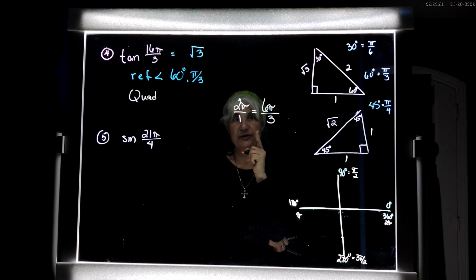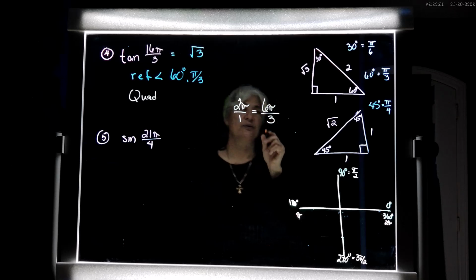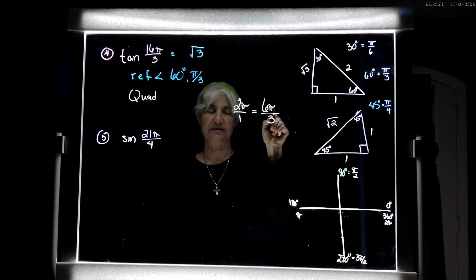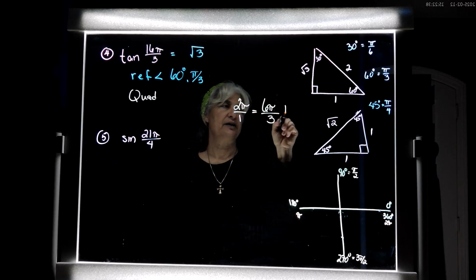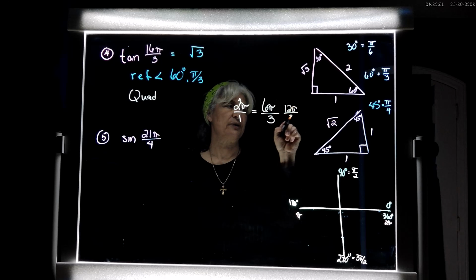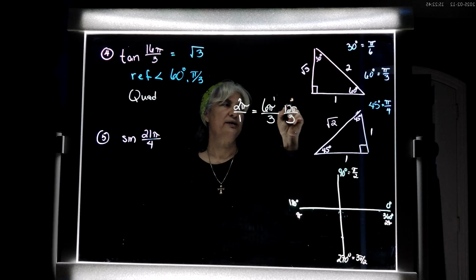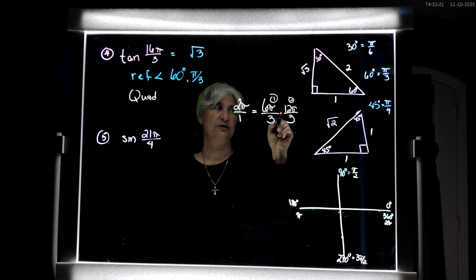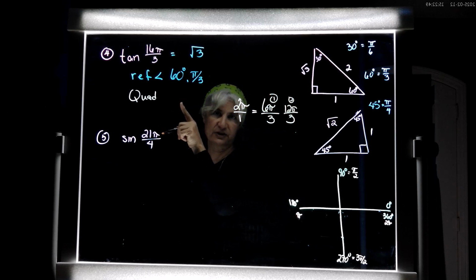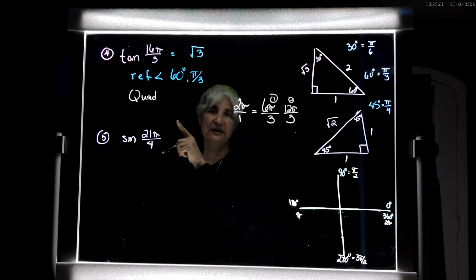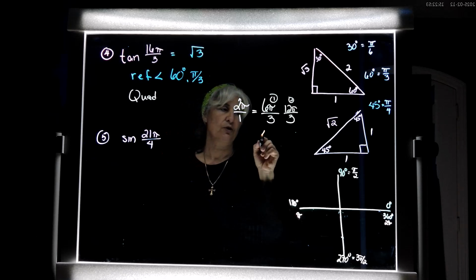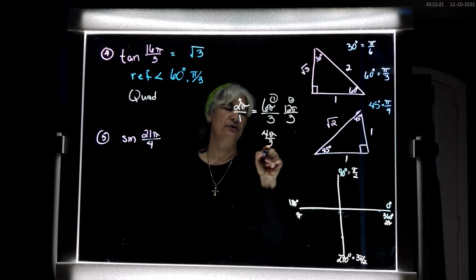It looks like we're going around the circle more than once. So we're going around the circle once, and another round is twice. So we're going twice around the circle. And I have leftover, don't I? The leftover is what? 4 pi over 3.